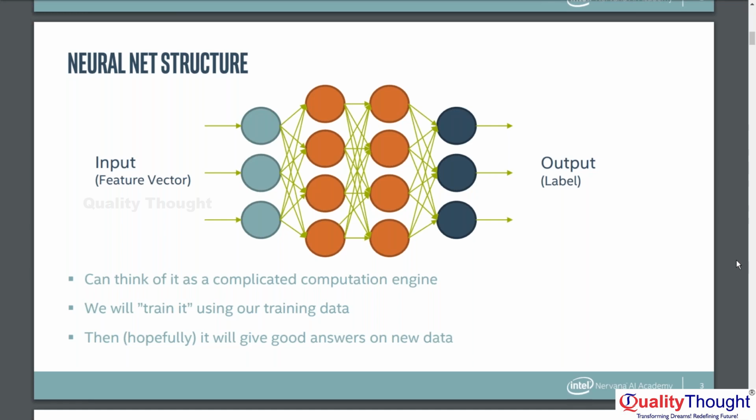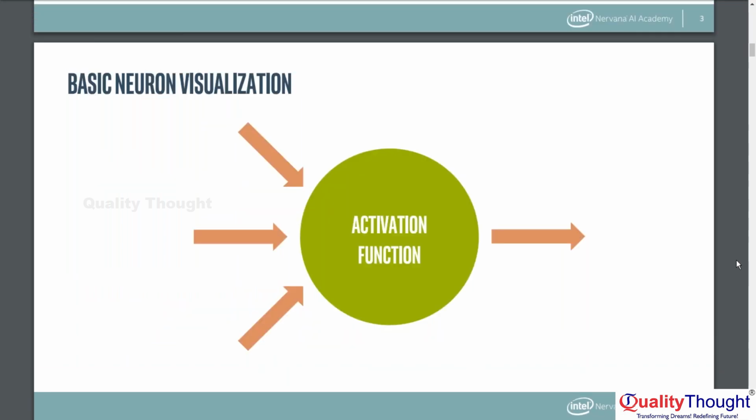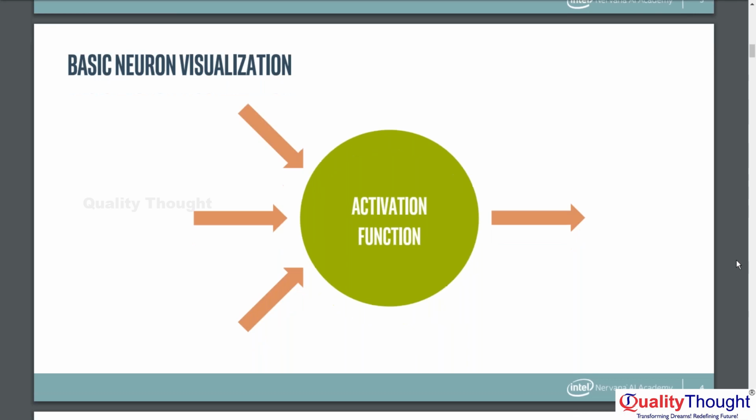In order to understand the data, the final output needs to come from the very basic data that you pass through for training that neural net structure. Here, this is the very basic neuron visualization that I'm talking about.